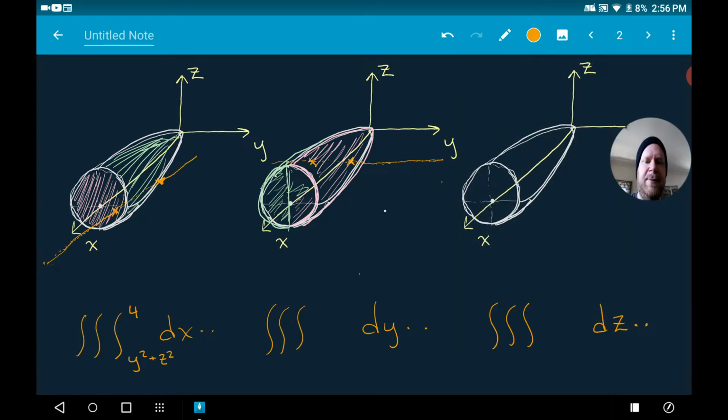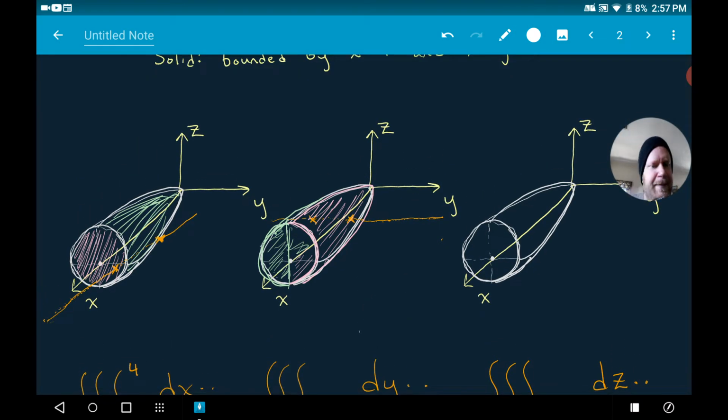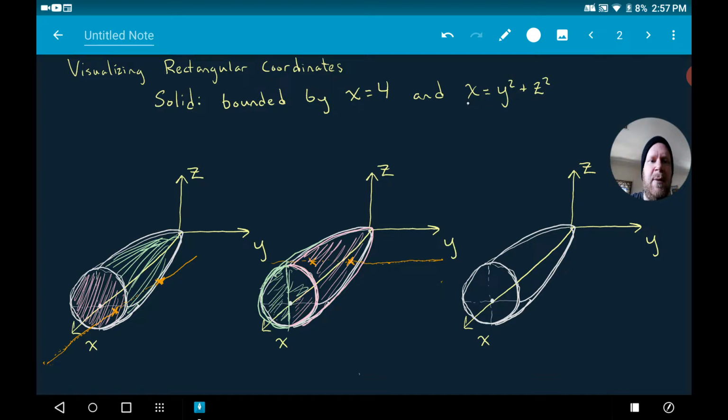When it hits the right-hand side, this is both sides of the paraboloid, but we're looking for y equals something, right? So here they were already set up to say x equals 4 and x equals y squared plus z squared. Here we need to turn this equation into something that looks like y equals. So I'm going to take this and rewrite it as y equals plus or minus the square root of x minus z squared.